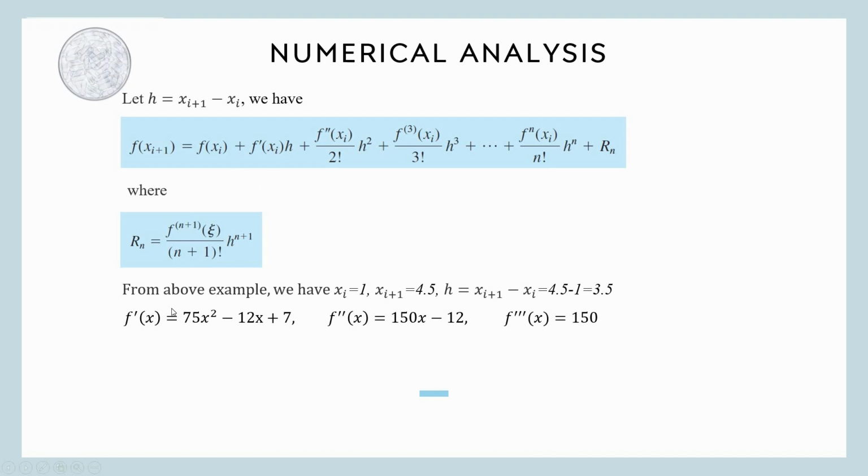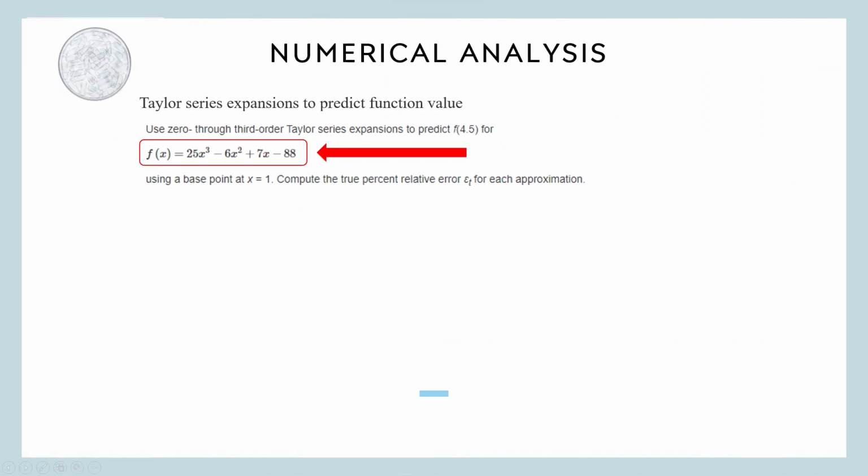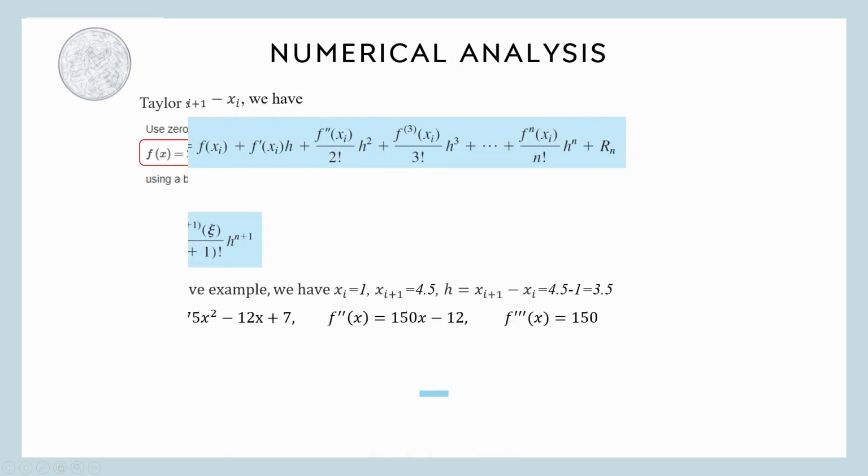Here we're going to calculate the first, second, and third derivative. Given f(x) in the above example, the first derivative is 75x squared subtract 12x plus 7. Then we take the derivative again to get the second derivative, and if we do the derivative again, we get the third derivative, which equals 150.